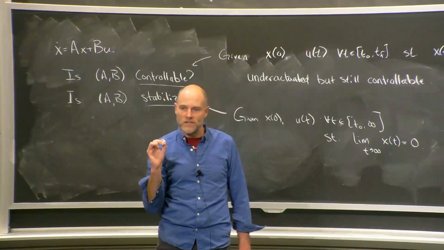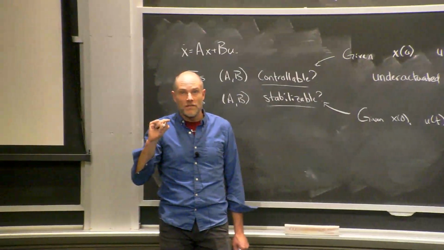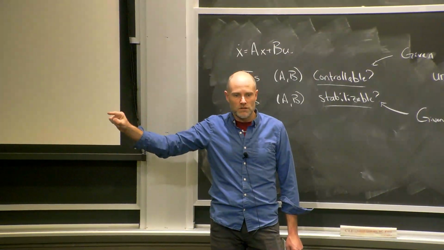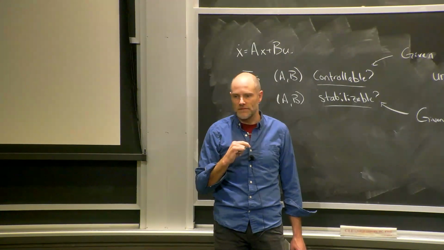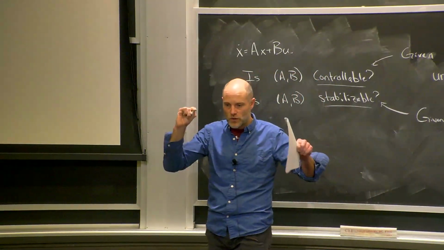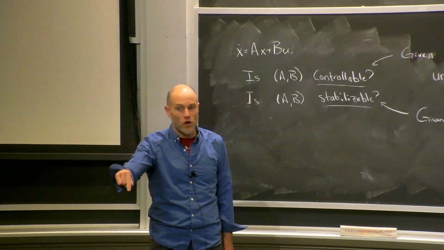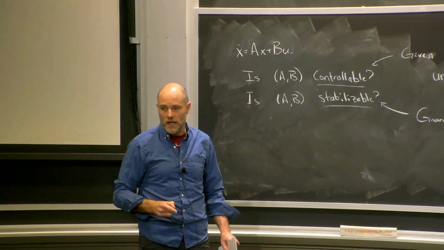So basically the difference here is that in stabilizability, if there are some states that are uncontrollable, as long as they're passively stable, then that's enough. Whereas controllability requires that you can get there in finite time. That means you must have control of all of your state variables, because a linear system cannot arrive in finite time to the origin.